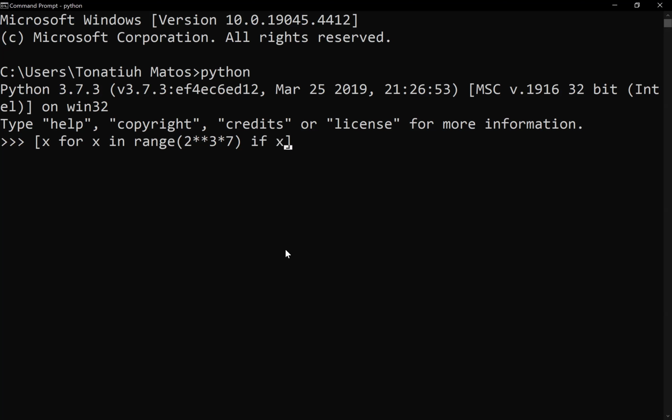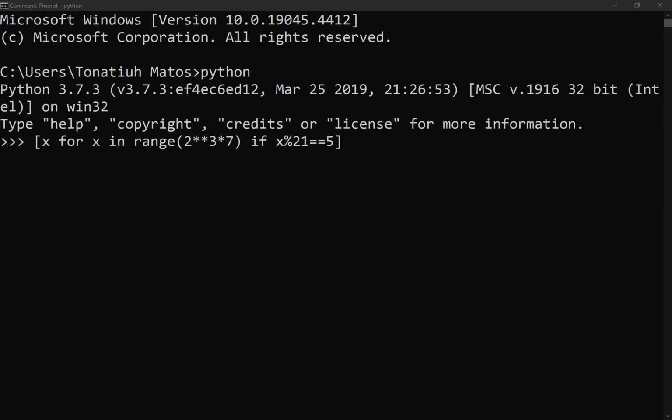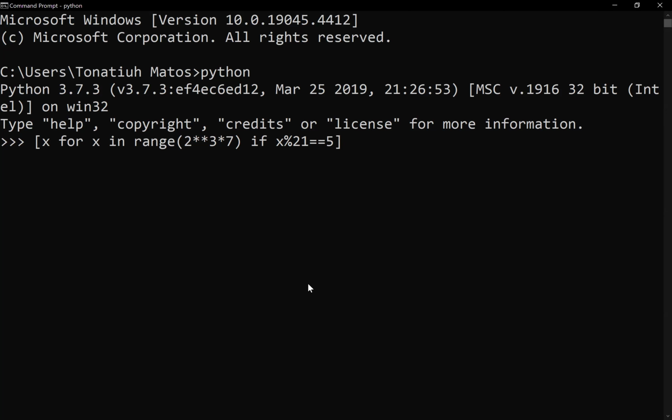And the condition that I want x to satisfy is the following. If I reduce it mod, what was it, 21? I should get 5. Let me double check if that is correct. Yes, and I also want this to be congruent to, what was it? 19 if I reduce it mod 56. So that should work, and it didn't work.